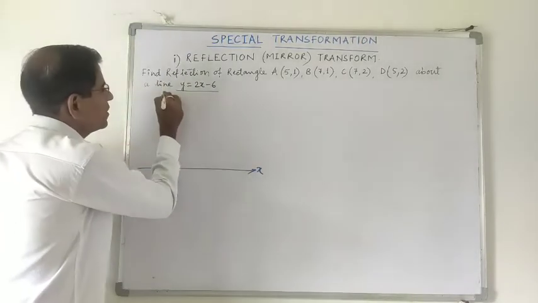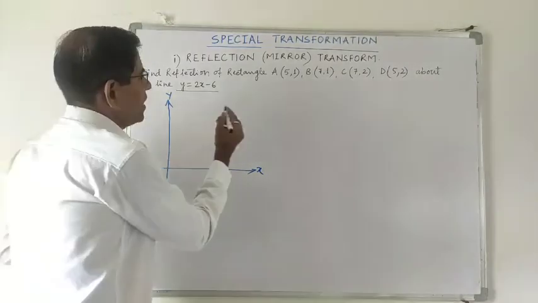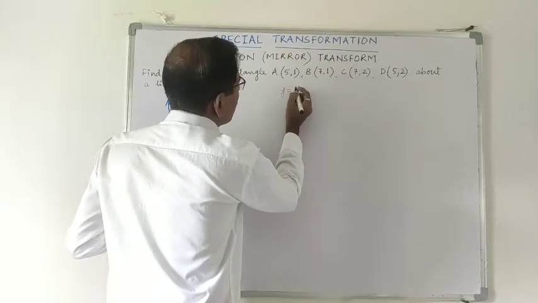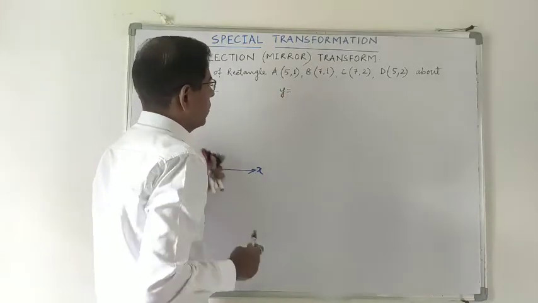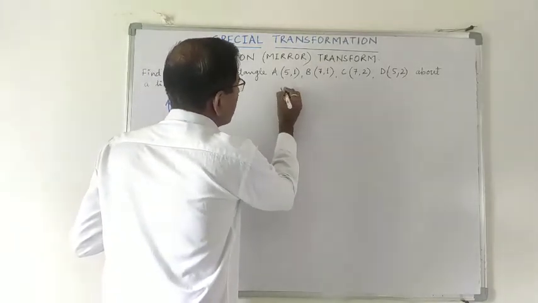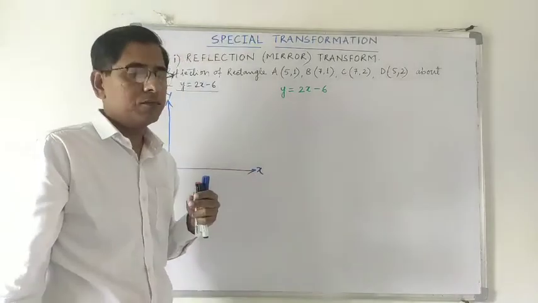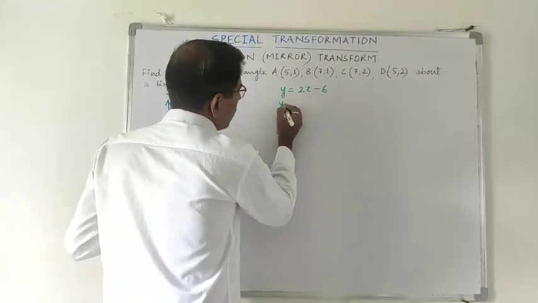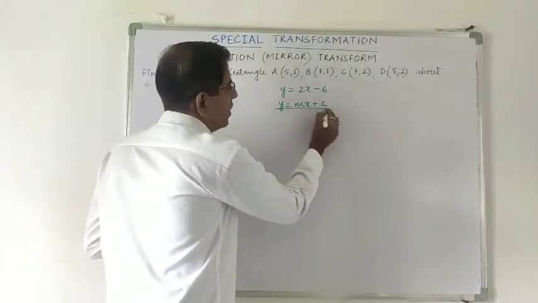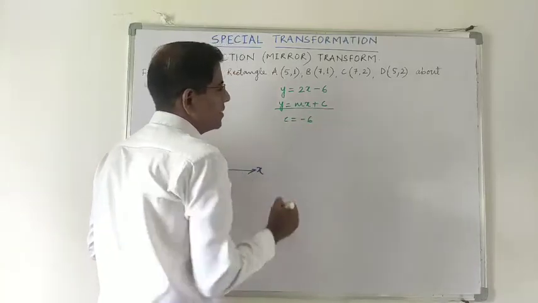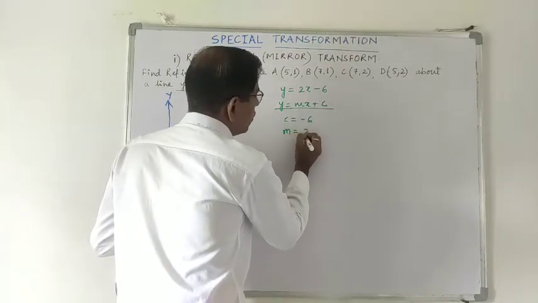This is the x-axis, this is the y-axis. Now this line y equal to 2x minus 6. If you compare y equal to mx plus c, then the value of c is minus 6 and m is equal to 2.